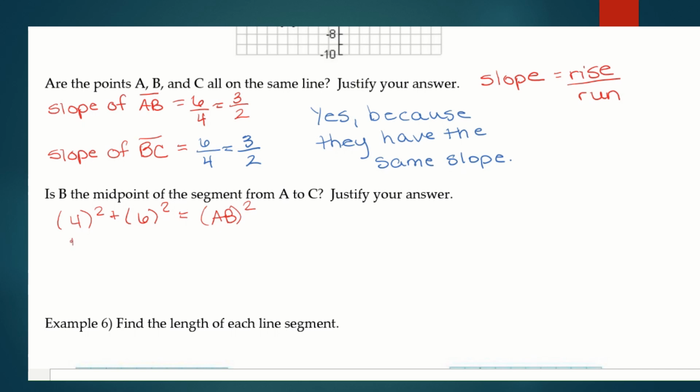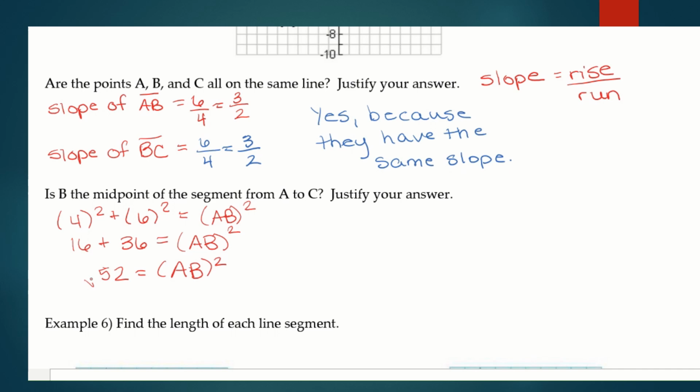All right, so 4 squared is 16 plus 6 squared, which is 36, gives me AB squared. All right, 16 plus 36 gives me 52, and I know for a fact that is not a perfect square.